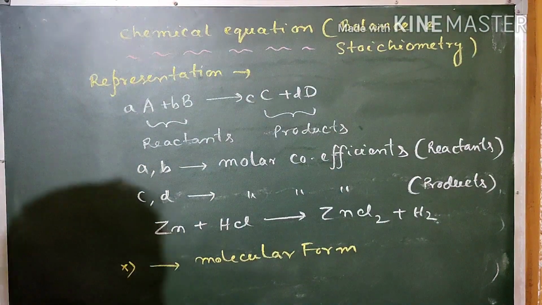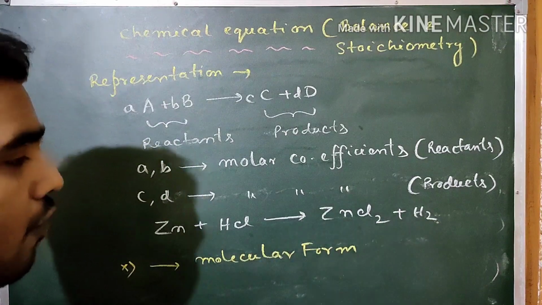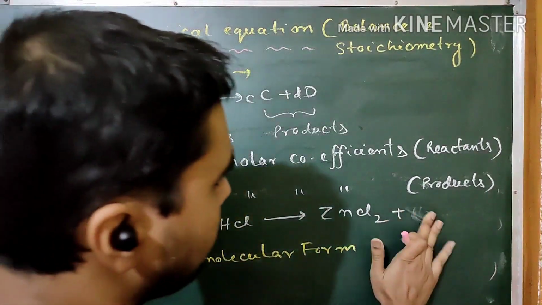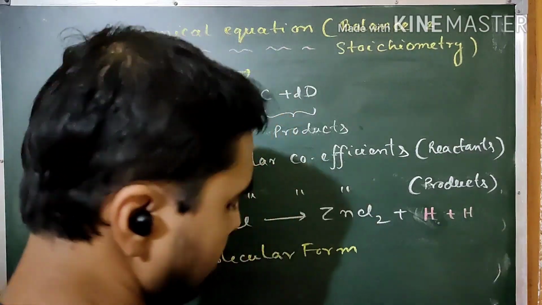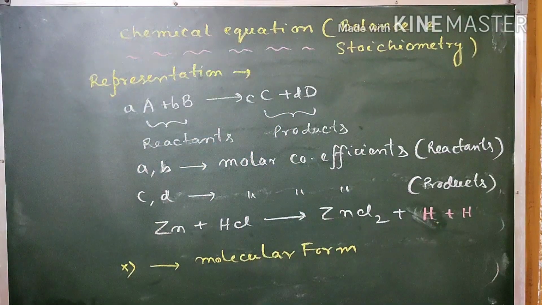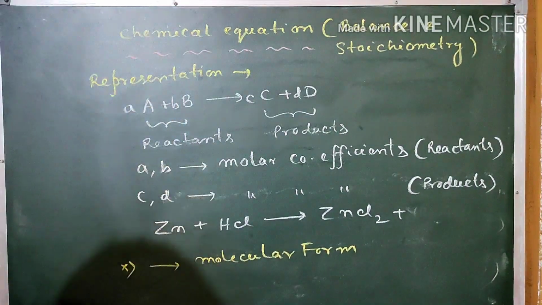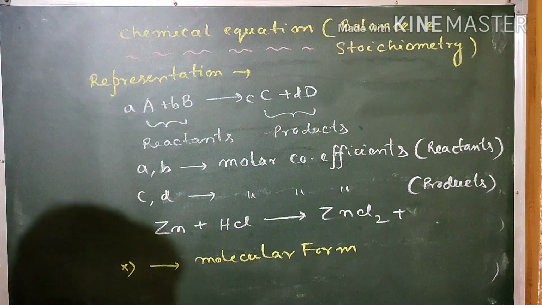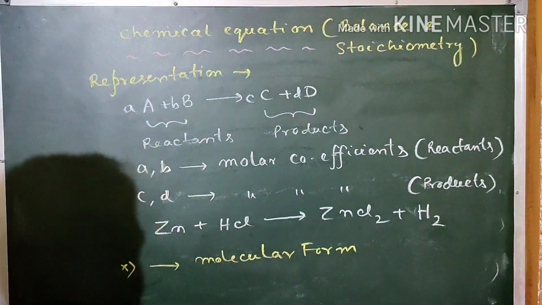Molecular form means the number of each thing will be written in the molecular form itself, not in the atomic form. For example, I cannot write H plus H. This will be the atomic form then. So I have to write that in the molecular form only. Now, as a matter of fact, it has to be written H2.